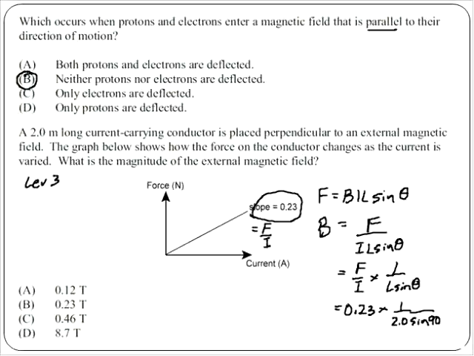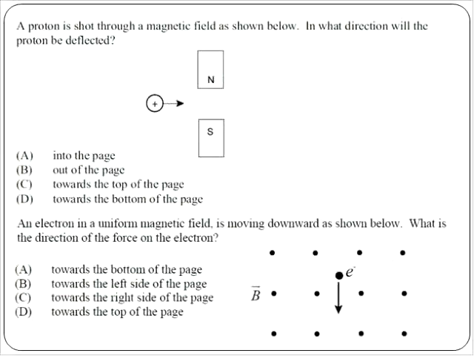So it's really 0.23 times a half, which is 0.115 or 0.12. There's your answer. So again, a little more complicated, a little bit different. You're not normally asked to do that, but just remember, slope equals rise over run, and on this graph, that happens to be force over current. That happens to be force divided by current.